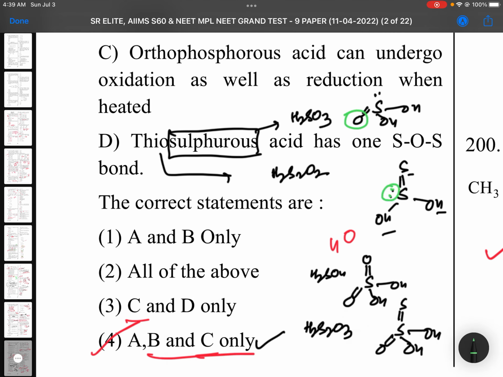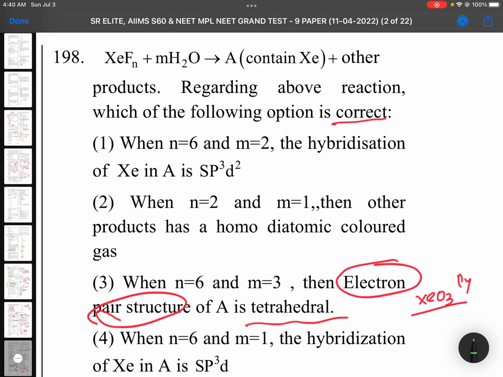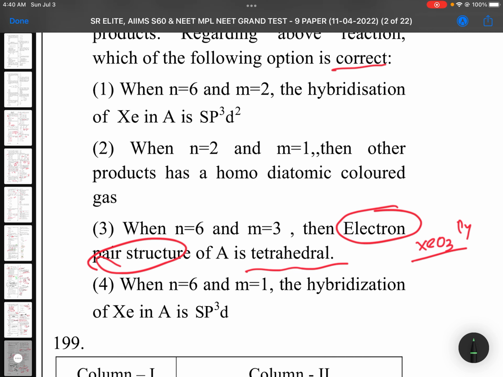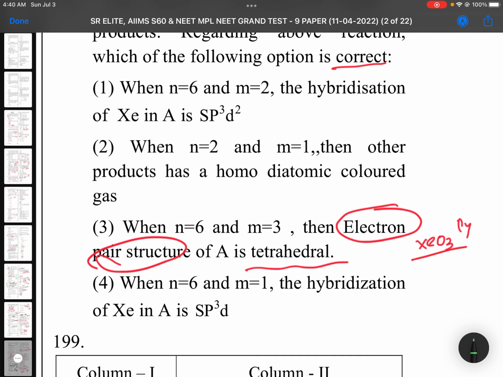Where are we now? 198. XeFn plus mH2O contain Xe, the hybridization is sp3d2. Electron pair structure is tetrahedral. Okay.